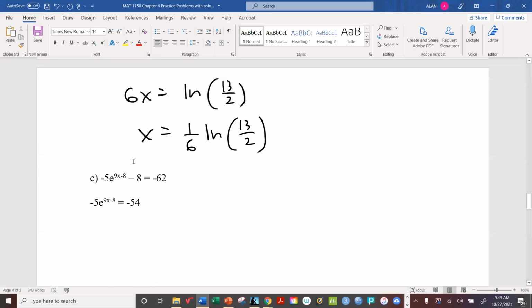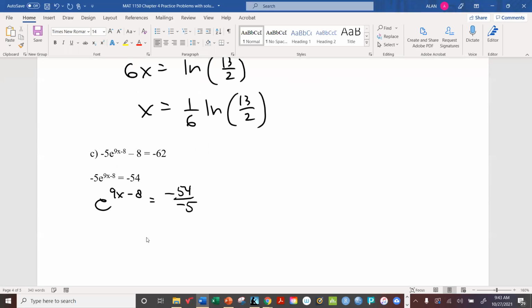Now let's divide out by that negative 5. All right, so we've got e to the 9x minus 8 is 54/5.